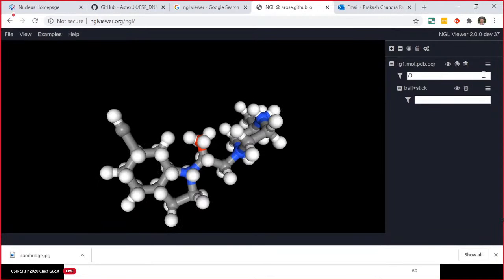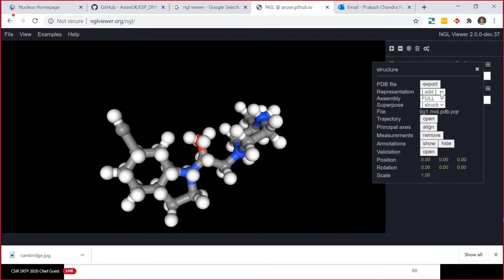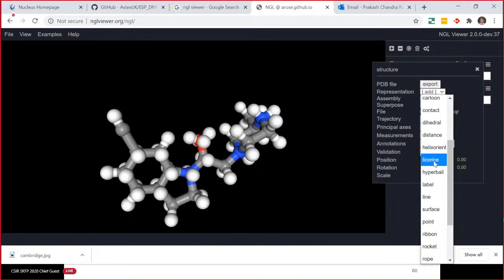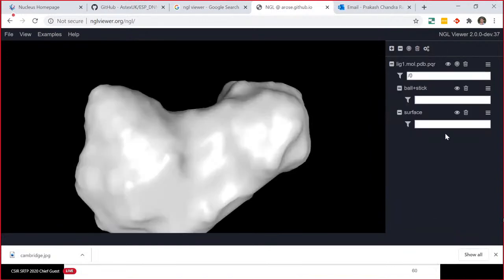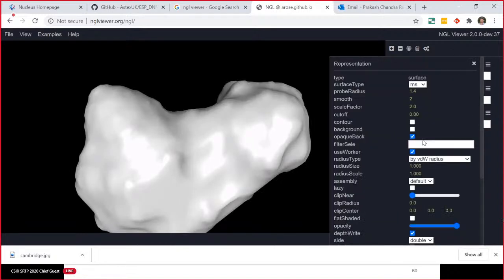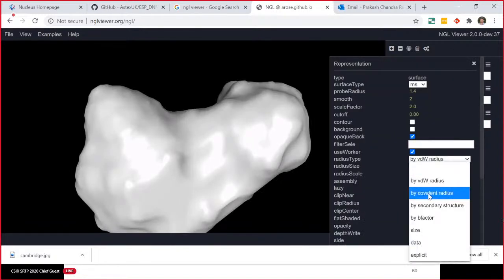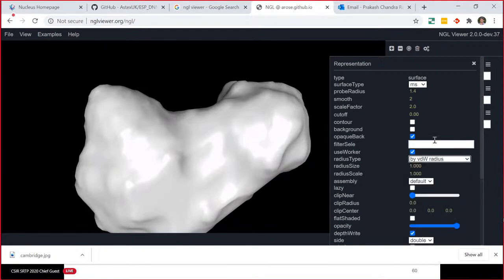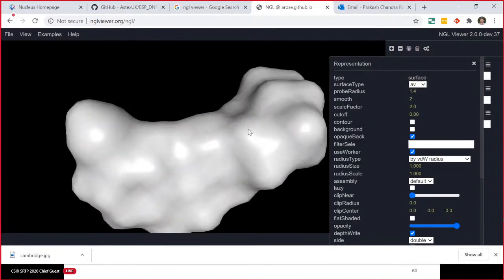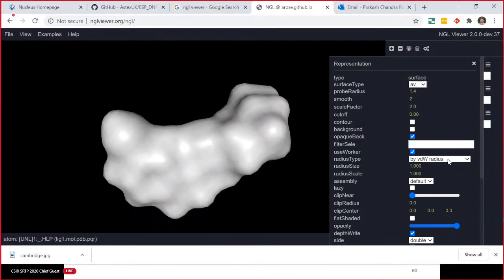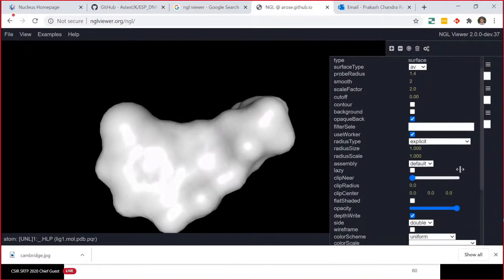So you generate a surface, add a surface representation to this, and in the surface, maybe you use the surface type AV, which is STX viewer style surfaces, and radius, take explicit, looks nice enough.